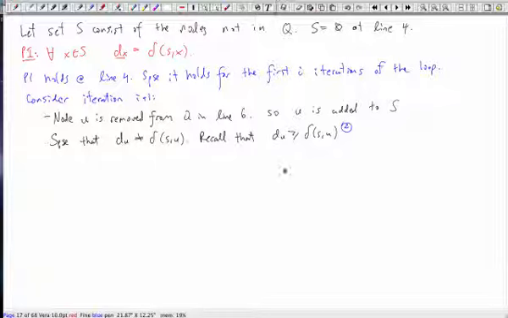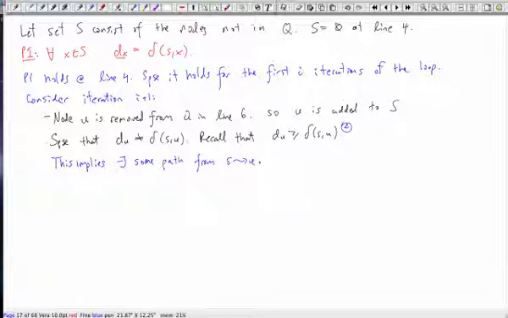And so now I'm going to say this implies that there exists some path from S to U. And in last class, I asked you to think about why that was true.